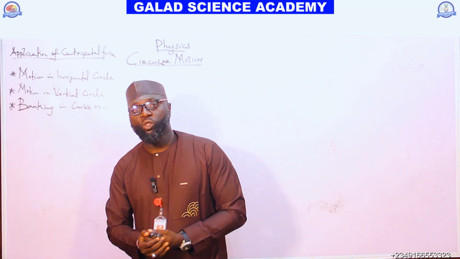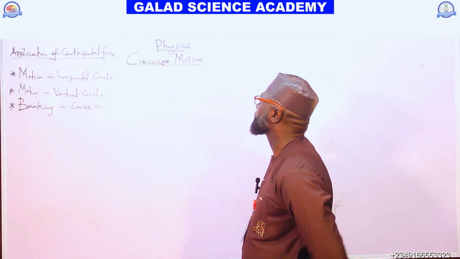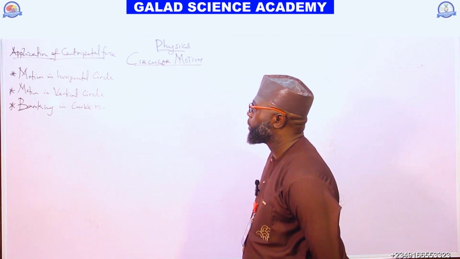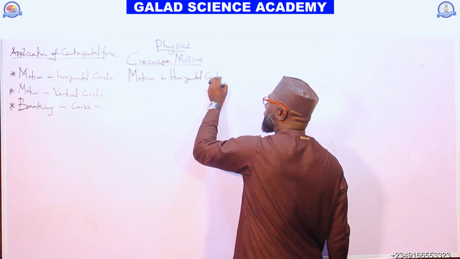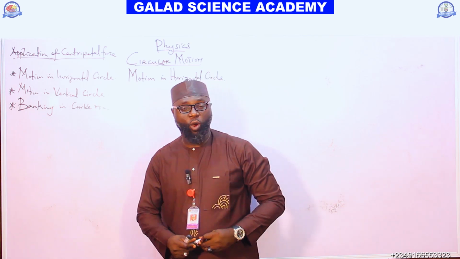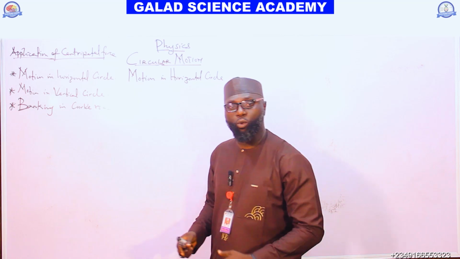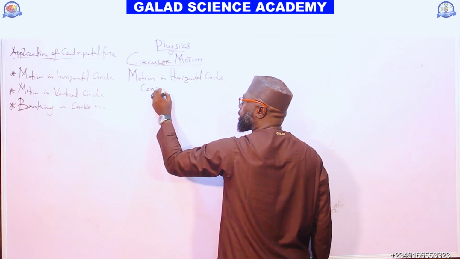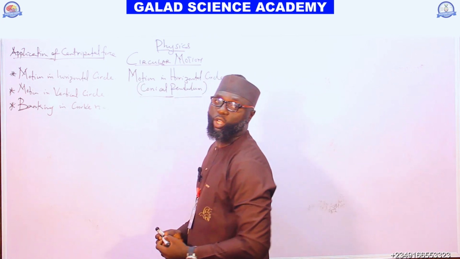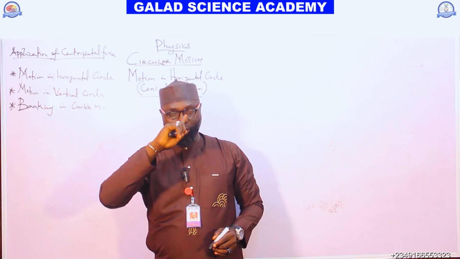Let us take it one after the other. The first one is motion in a horizontal circle, the motion of an object along a horizontal circle, which we can also call a conical pendulum. Circular motion can exist in two forms.